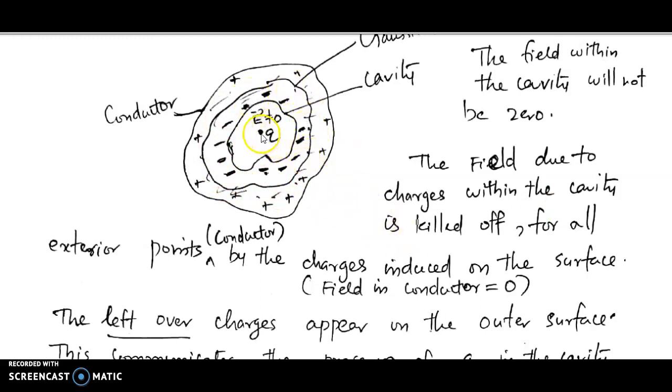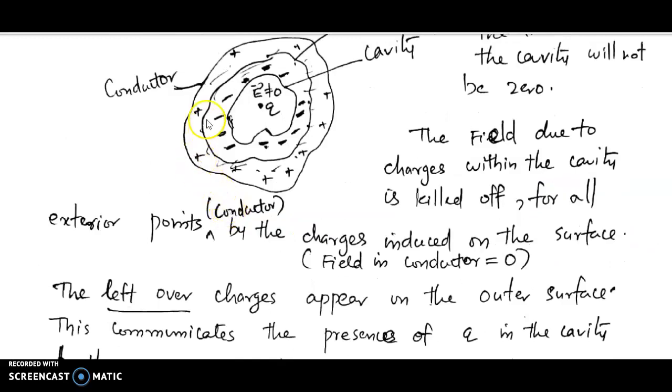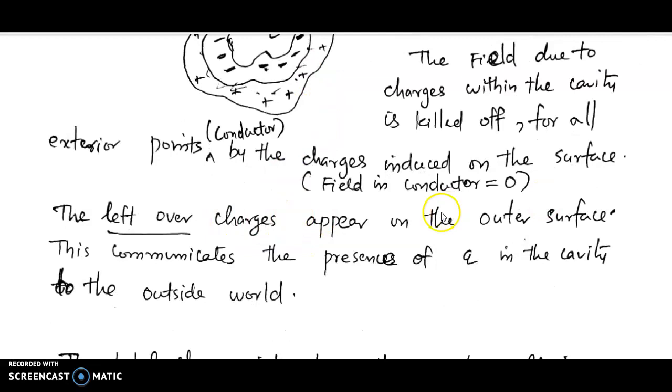Why? The field due to this charge will be exactly cancelled by the field due to these induced charges. So these charges create an electric field that exactly cancels the field inside the conductor, and the leftover charges appear on the outer surface.